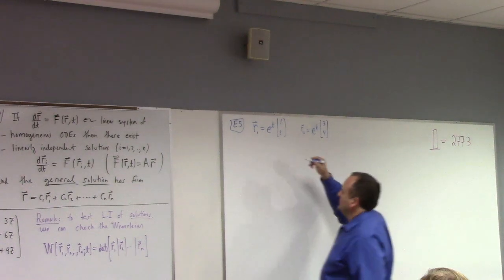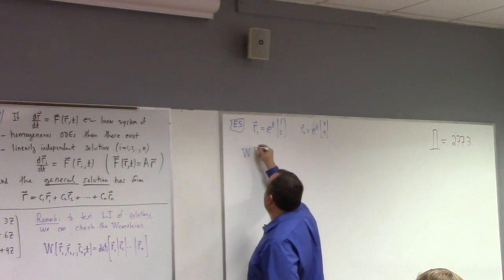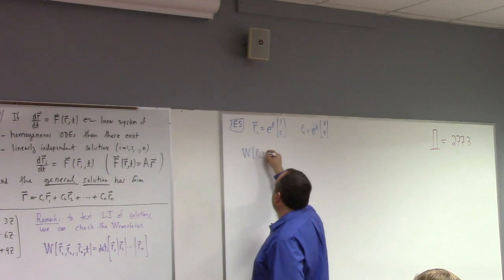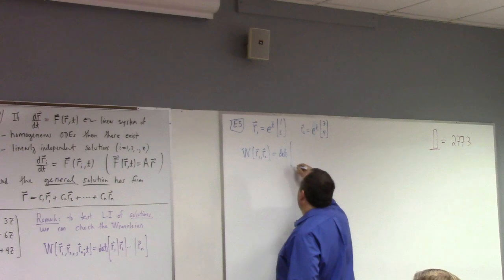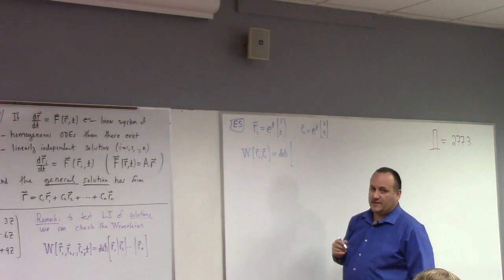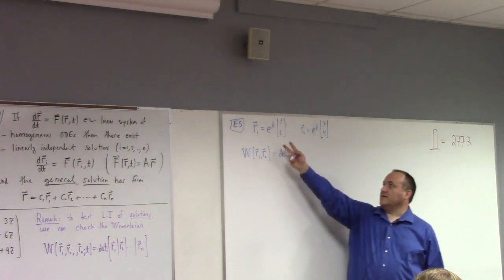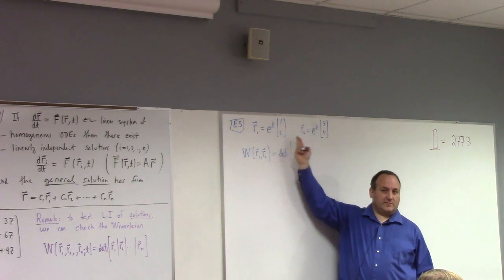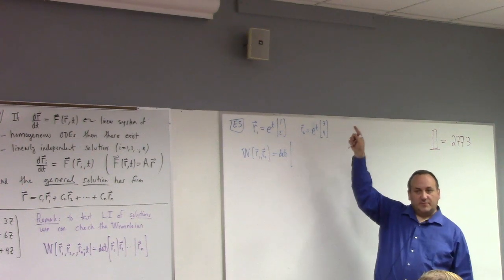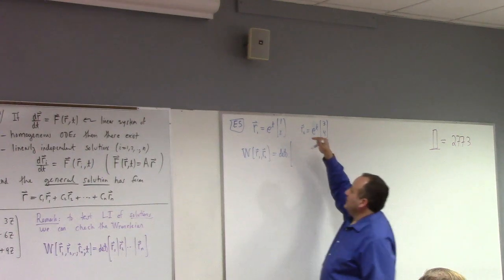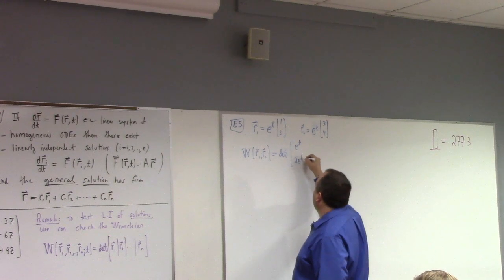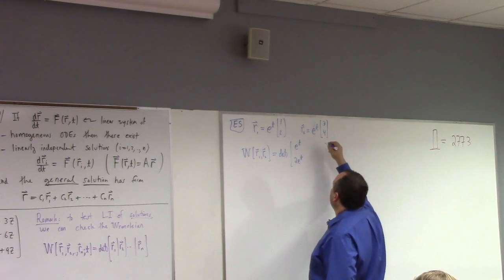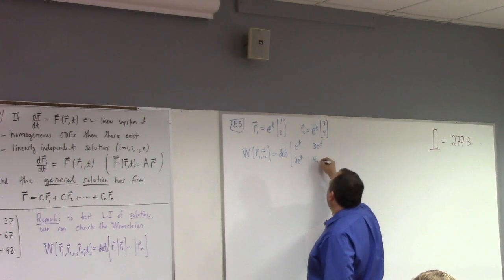The Wronskian of R1 and R2 would be the determinant. Now I need to do a little bit of matrix math here. How do you multiply a vector times a scalar? You just multiply it into both spots. So R1 is e to the t and 2e to the t, and this guy over here was 3e to the t and 4e to the t.